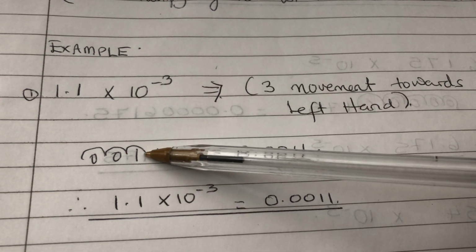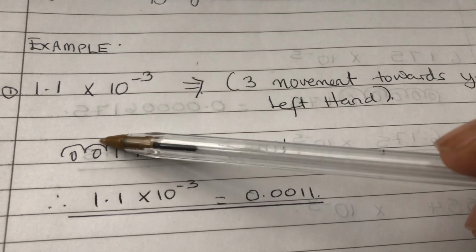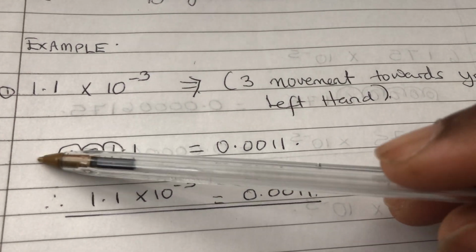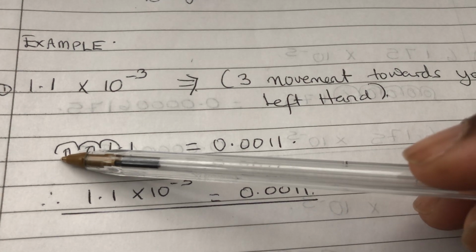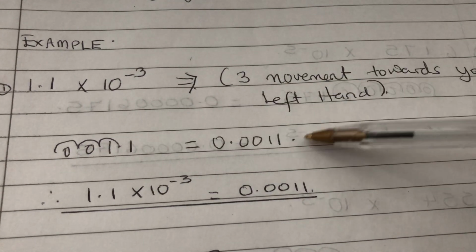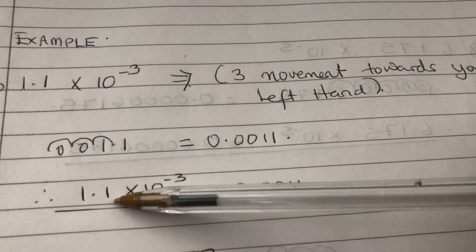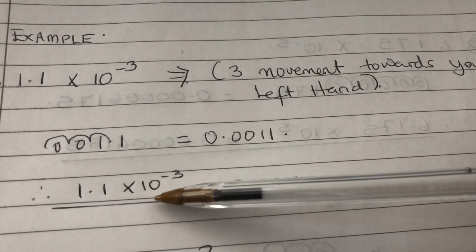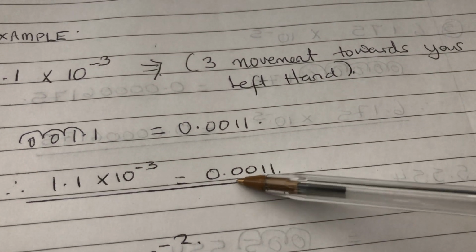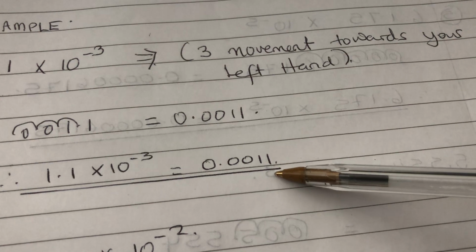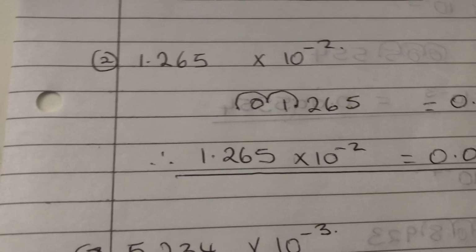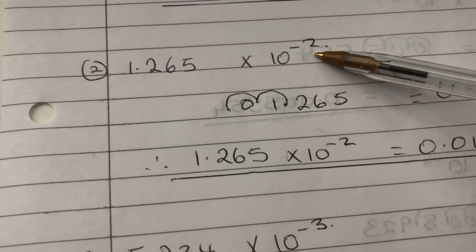So here's the decimal place. 1, 2, 3. So my number now will be 0.0011. So 1.1 times 10 to the power minus 3 will be equal to 0.0011.